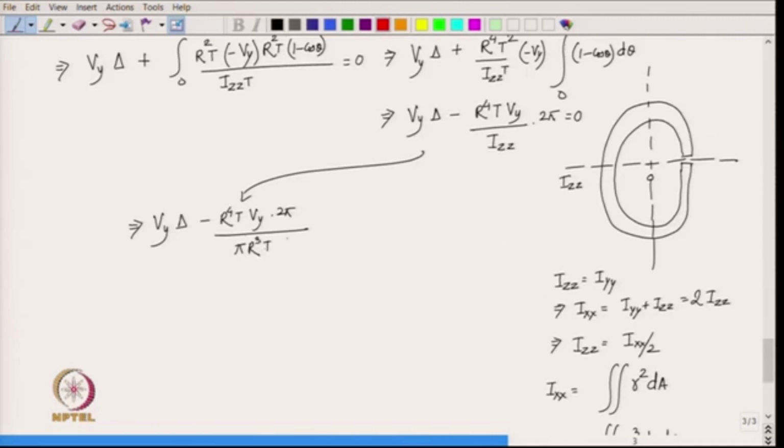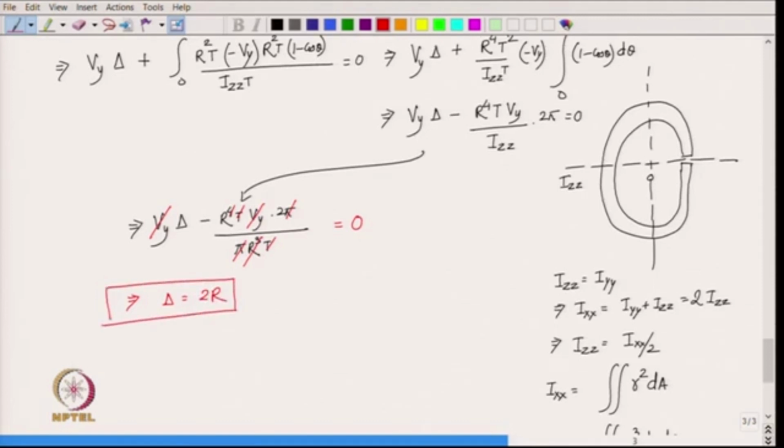So, we have lots of cancellations here, this pi cancels this pi, thickness cancels here, and r cube cancels this power here, and Vy cancels this Vy here, and this is equal to 0. So, that means your delta is finally equal to 2 r.